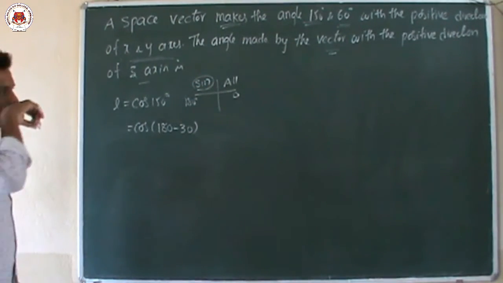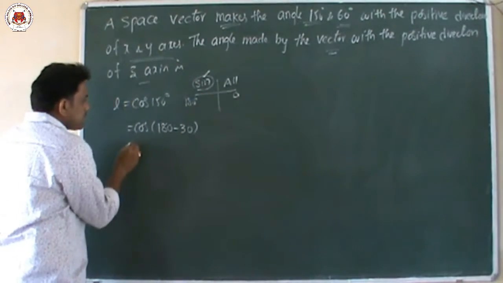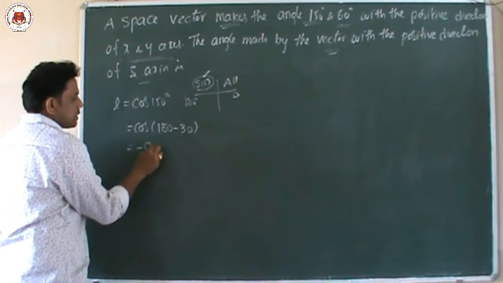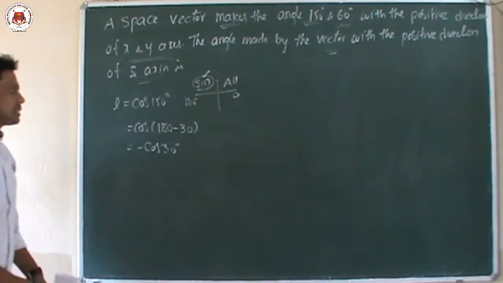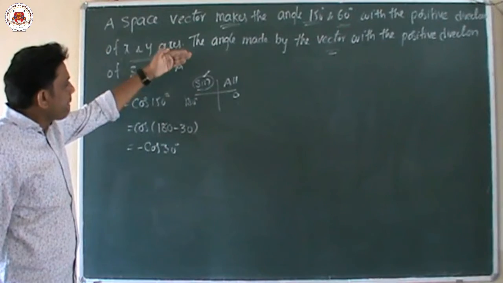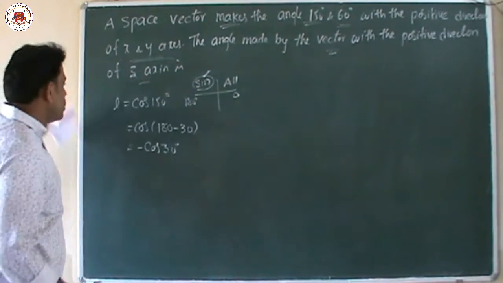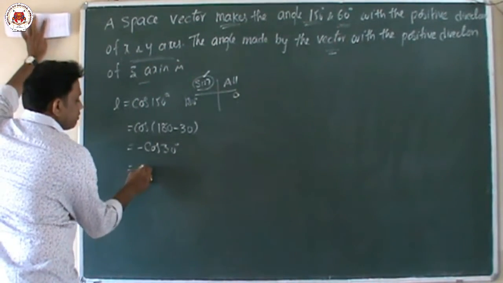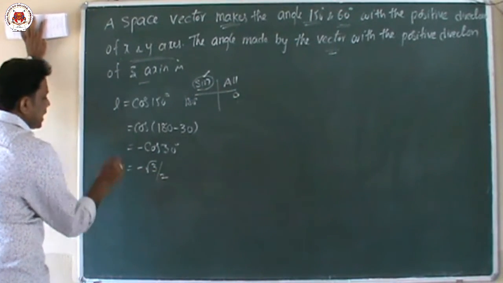In the second quadrant, only sin is positive, cos is negative. So minus cos 30 degrees. So this is the answer, minus cos 30. Why? Because 180 minus means second quadrant, in the second quadrant cos is negative. So we can write minus cos 30. What is the cos 30 value? Root 3 by 2. So what is the l value?